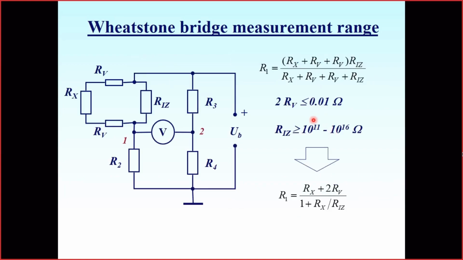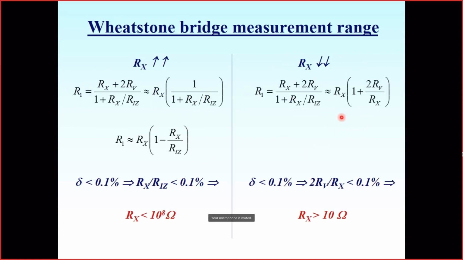Comparing with the typical value of wire resistances, I get that the lower range for accurate measurement with the bridge will be approximately 10 ohms. It will not be accurate measurement for resistances less than 10 ohms. So this is the range of the Wheatstone bridge measurements, between 10 ohms and 100 megaohms approximately.